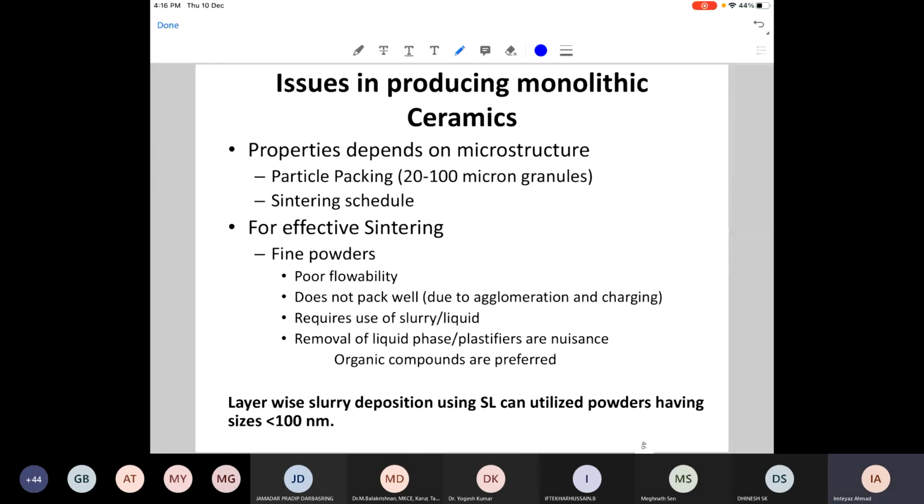Now, the properties of any material depend on the microstructure. We talked about making a product and densifying it, but what about the microstructure? Will we be getting the same microstructure as we get in the case of the conventional powder consolidation and sintering process? That's one question.